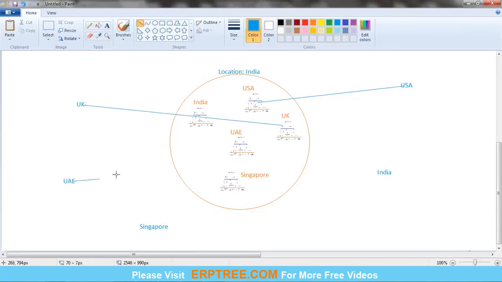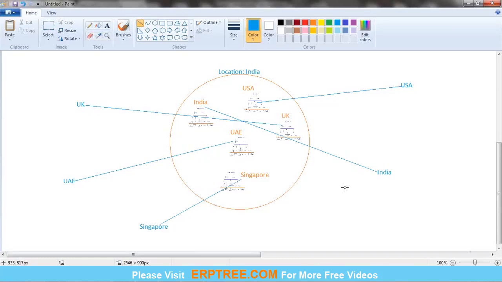The UAE people will connect only to the UAE multi-org structure. Singapore business will connect to the Singapore multi-org structure. India people will connect to the India multi-org structure. And even if the instance is one, you are able to utilize that instance for multiple countries' business by segregating the data.